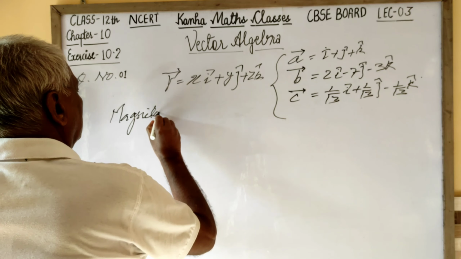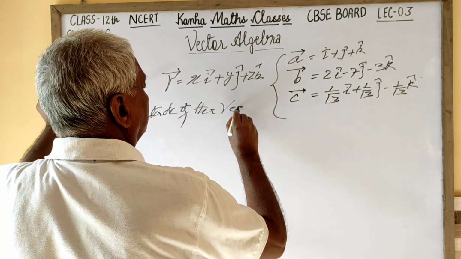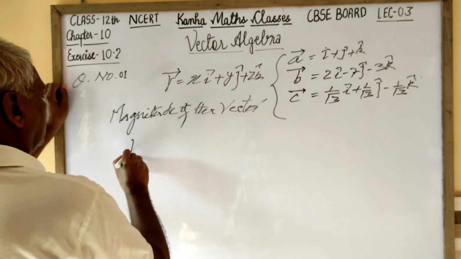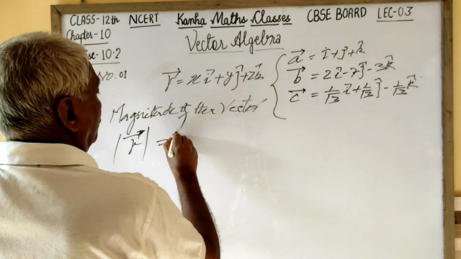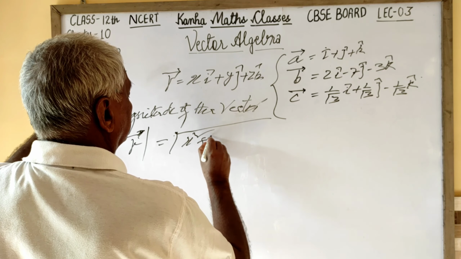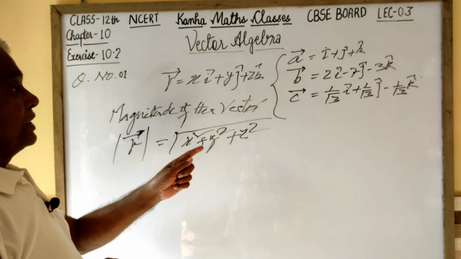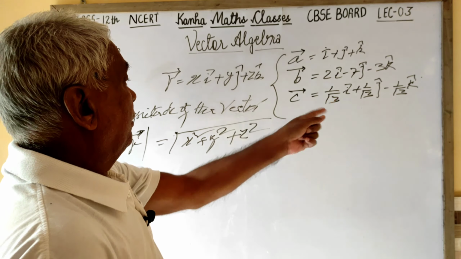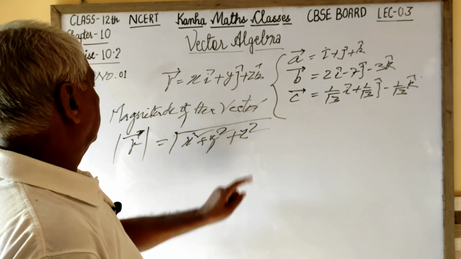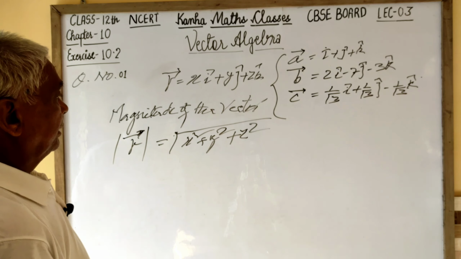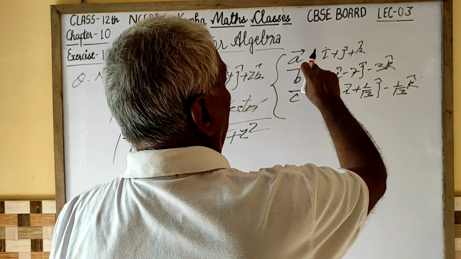That is, mod of r will be equal to under root x square plus y square plus z square, the components of each unit vector in the direction of x, y, z. This is the pattern of finding the magnitude of any vector. Hence, on this ground, you may find out the magnitude of a vector.